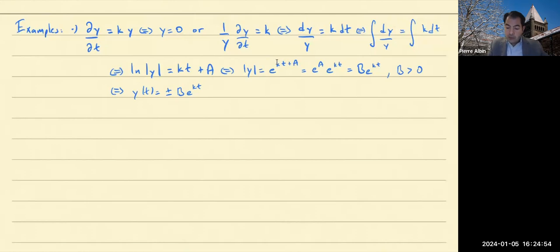Okay, but let's put all of these things together, because I have the 0 solution, and then I have a positive multiple of e to the kt, or an arbitrary negative multiple of e to the kt.